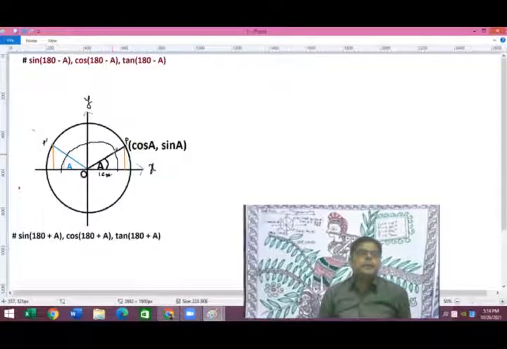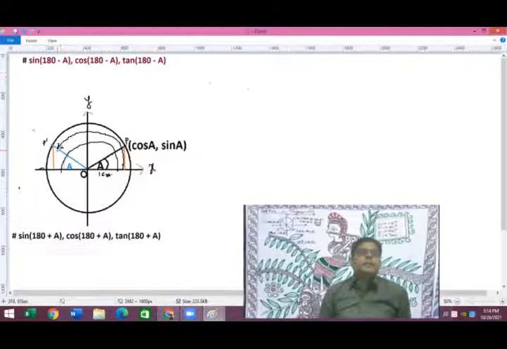That means we talk about the angle from here up to here only. So this angle in fact is 180 degrees minus A. That means by 180 degrees minus A, the position of P will be P dash in the second quadrant, because up to 180 degrees, and then negative, it is minus A over here.